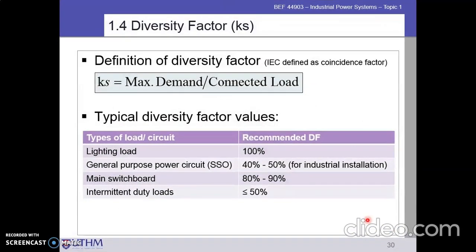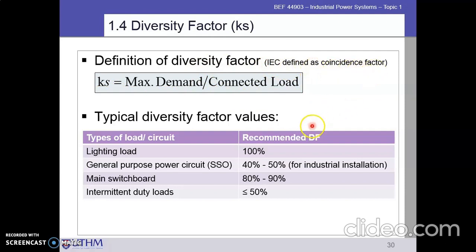Diversity factor, KS. The definition of diversity factor: KS is equal to maximum demand divided by connected load. This one, based on IEC, is defined as coincidence factor.